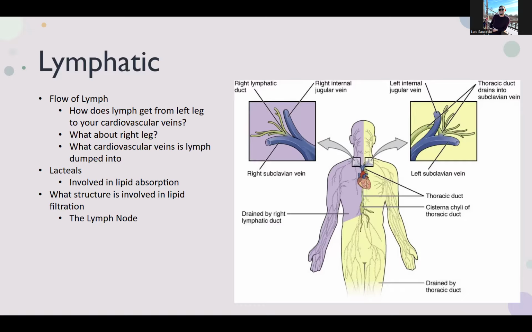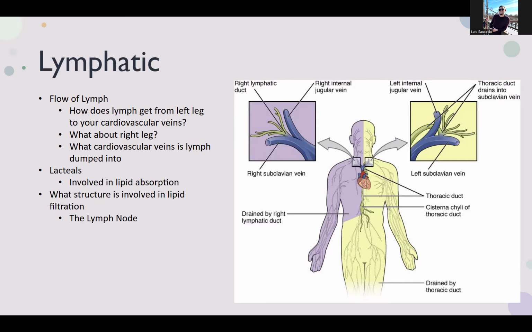So what lymph will do is move up towards your left and right subclavian veins. And it does so by movement. So you moving around will move lymph around. And so if you're nice and active, your body will be able to detect pathogens and illnesses much sooner than if you just sit around and not move around much.